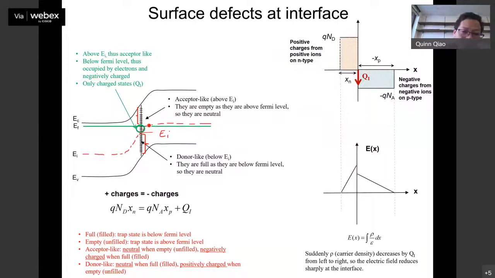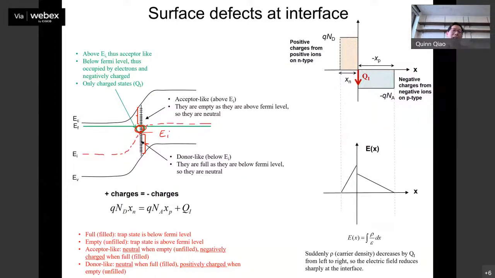How about between? This position is an interesting region. In these regions, they are above EI, so by definition they are neutral when empty. But now since they are below EF, they are occupied by electrons. Now that region has a negative charge. They are neutral when they are empty, but now they are filled with electrons, so they are negatively charged.